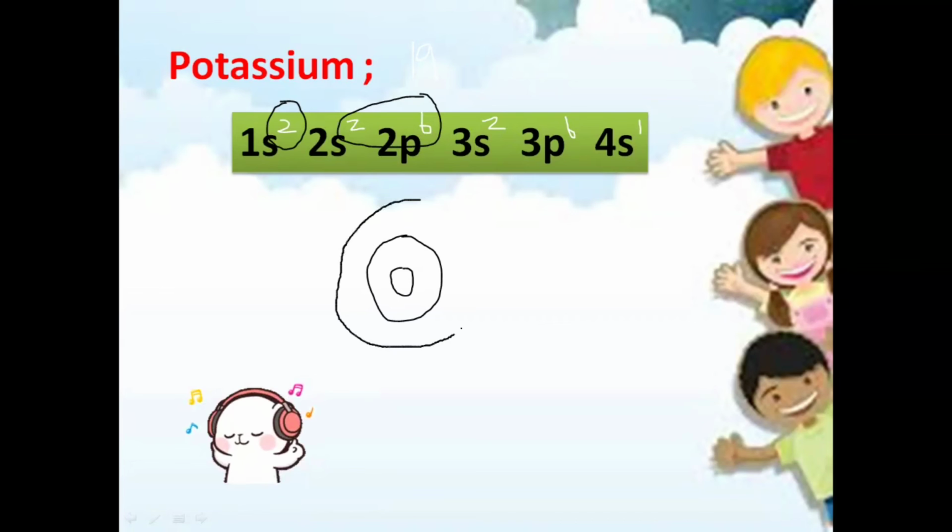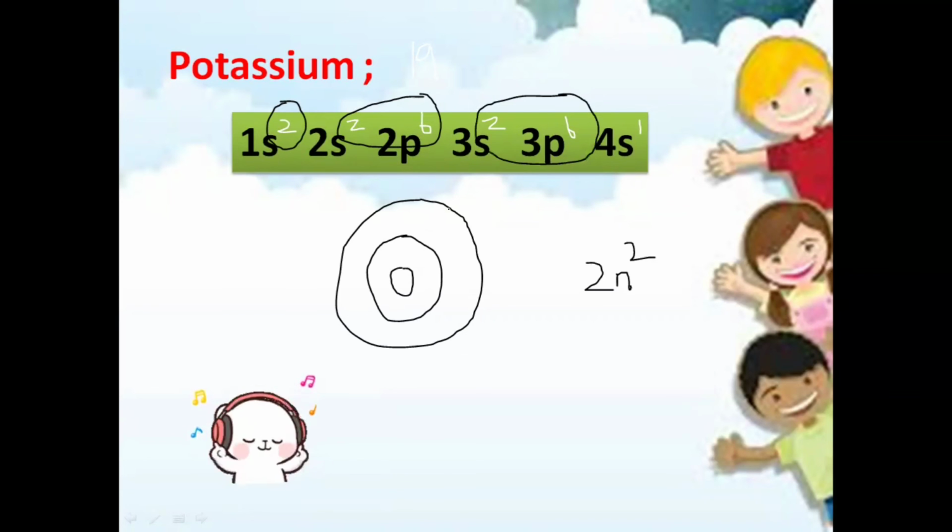Normally third shell can accommodate up to 18 electrons as per the formula 2n square. Am I right? But here the third shell can accommodate only 8 electrons, and there comes the fourth shell.